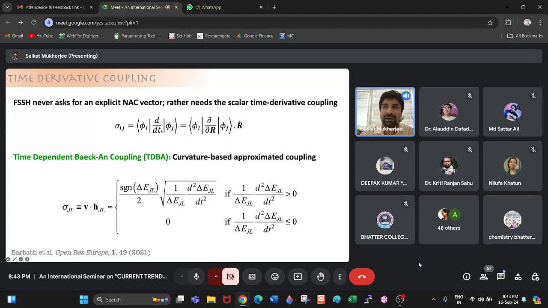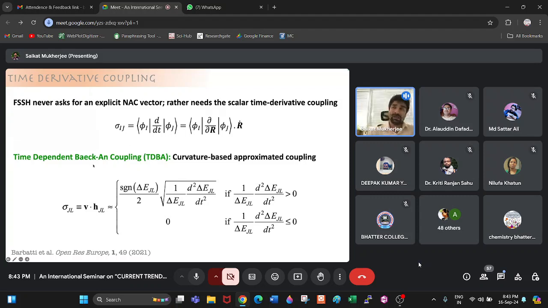By a simple chain rule, you can prove that this corresponds to the non-adiabatic coupling vector dot product with nuclear velocities, R dot meaning velocities. So if I can approximate this quantity, then we do not need to calculate this non-adiabatic coupling integral from an ab initio quantum chemistry code.